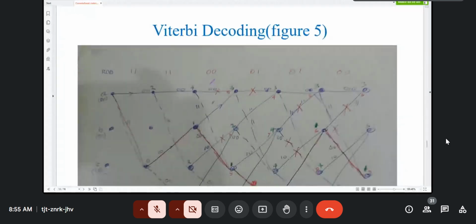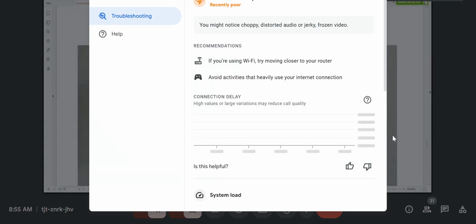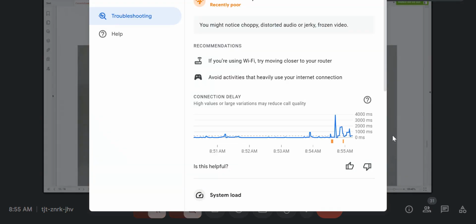I think 100001. Let me see whether this is what we have here. It's different. Actually, what I had done, I had drawn this one.